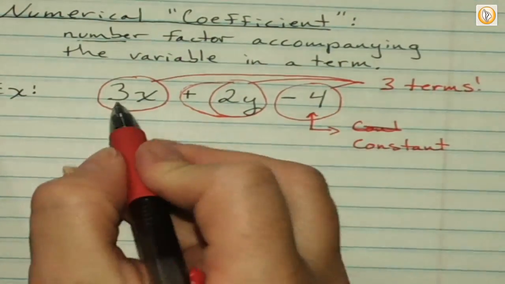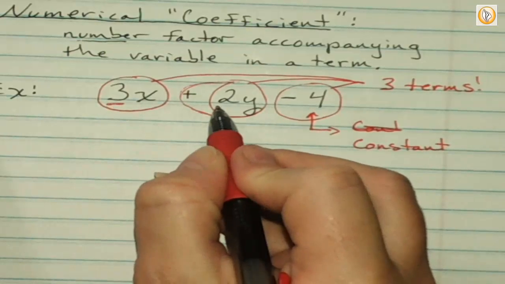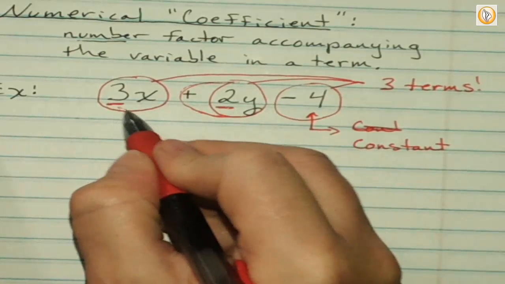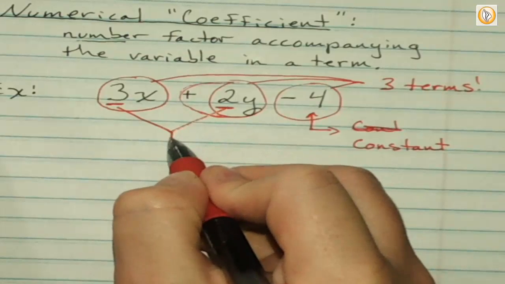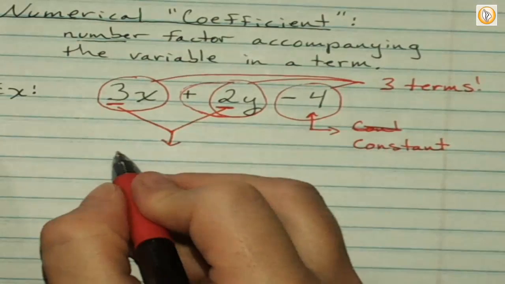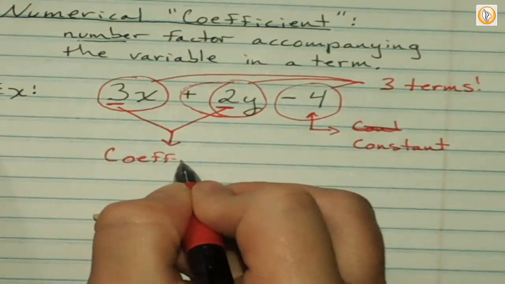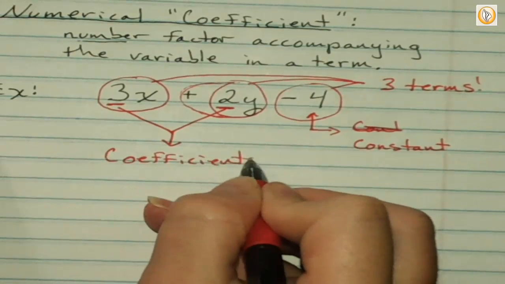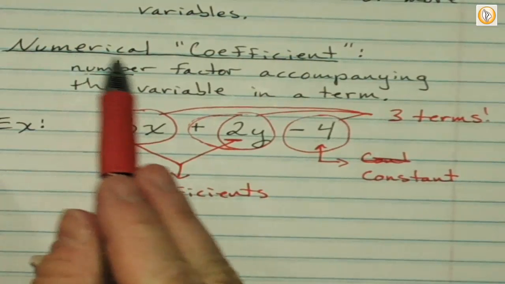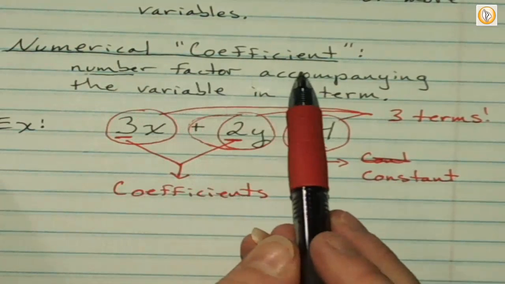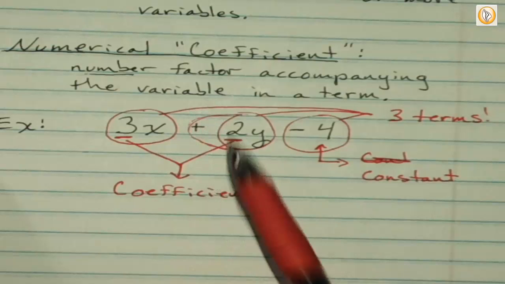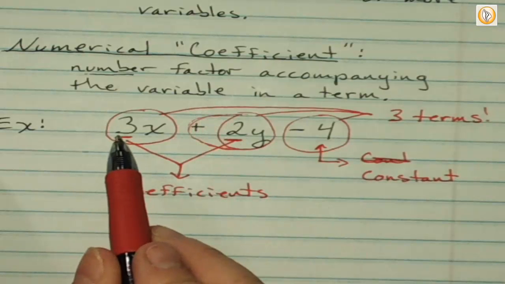Here's a constant. That 3 and that 2, those are your coefficients. Numerical coefficients. It's a number factor accompanying the variable in a term. Here's your number.